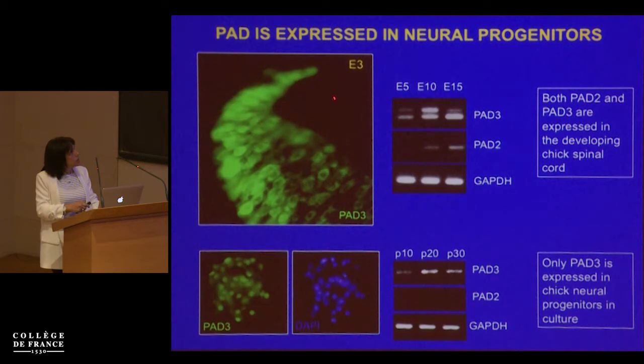In the chick neural tube, what we find is that through development there is expression not only of PAD3, the one we identified in our screen, but also of PAD2. However, when we look at the neural stem cells from the chick in culture, we find that there is only PAD3 expressed, whereas in the human cells both PADs are expressed, also in the neural stem cells, making the interpretation of the results a bit more complicated.